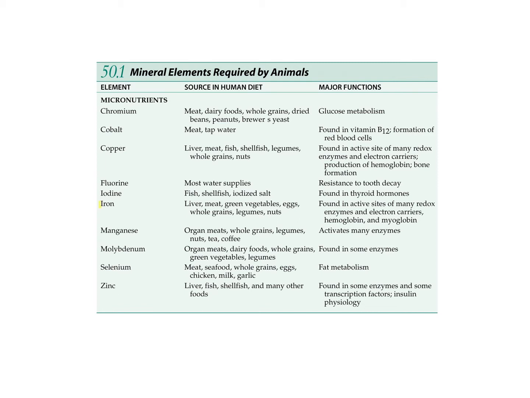We have already talked about iron in terms of hemoglobin. There are, in fact, a number of heme containing molecules besides hemoglobin. There's also myoglobin, but there are also several key metabolic enzymes that are non-heme iron containing enzymes. So non-heme iron is quite important in enzyme activity.